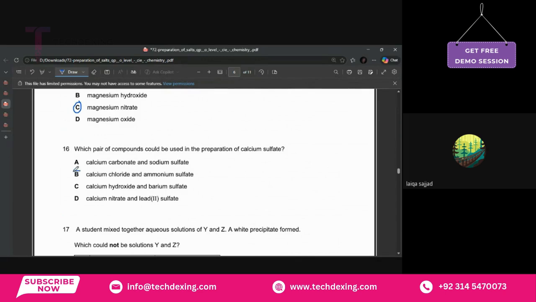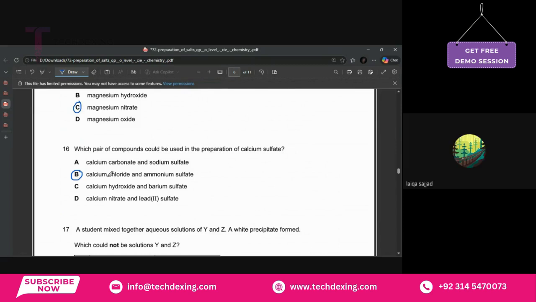And why are the other options not correct? In A, calcium carbonate is insoluble. In B, calcium chloride and ammonium sulfate are both soluble. In C, barium sulfate is insoluble.